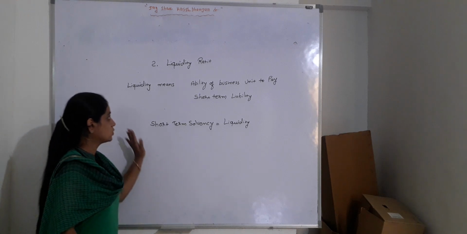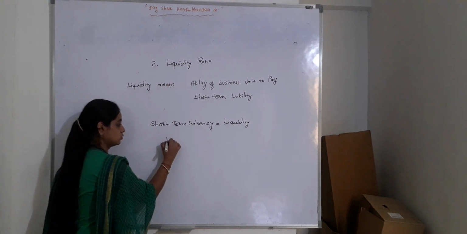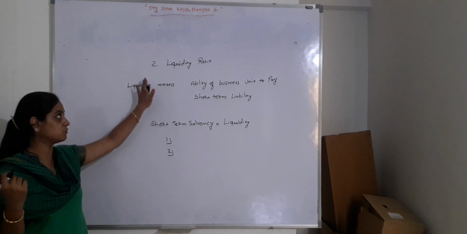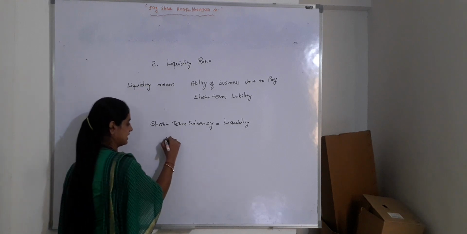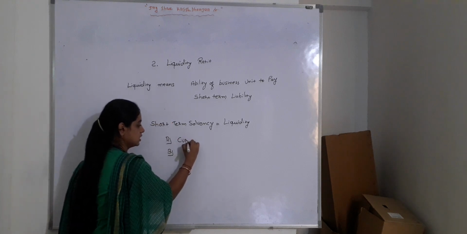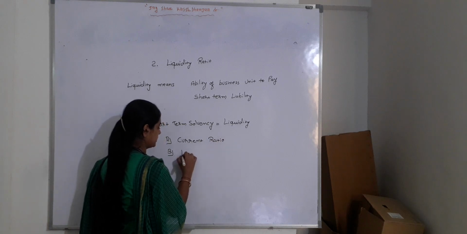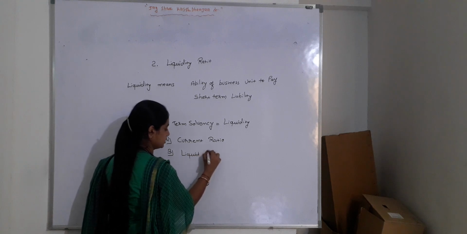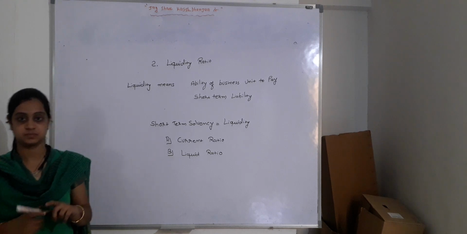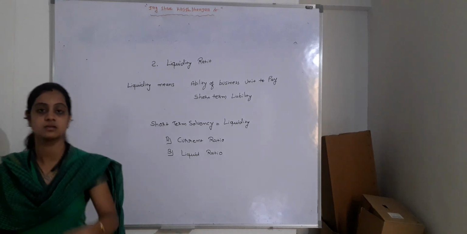So this is the liquidity ratio. Two ratios are used to check the liquidity of a firm: 2A, that is current ratio, and 2B, that is liquid ratio. Okay, write it down. Complete?